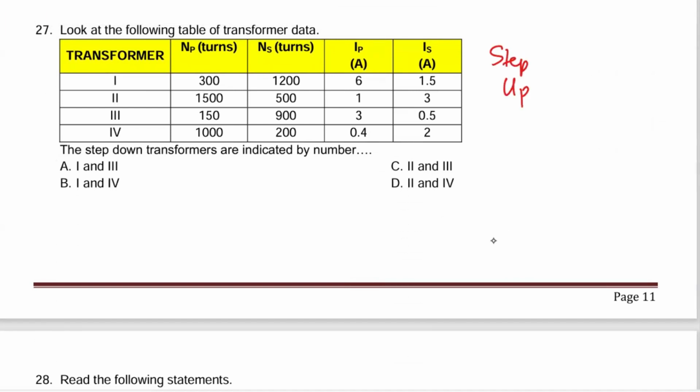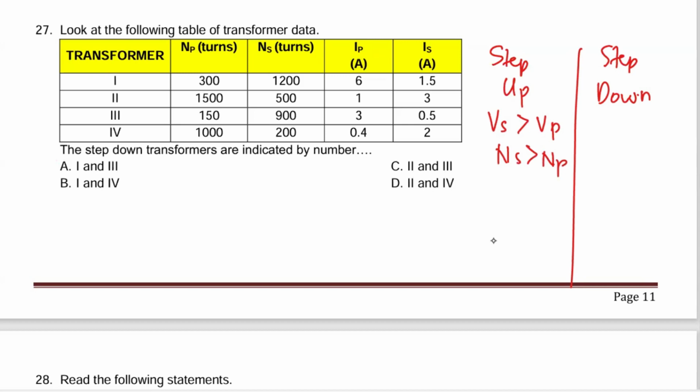For the step up, VS, the secondary or output, is going to be bigger than VP. And NS is going to be bigger than NP. But for I it is the opposite: IS is going to be smaller than IP.